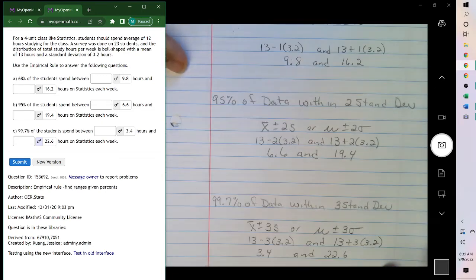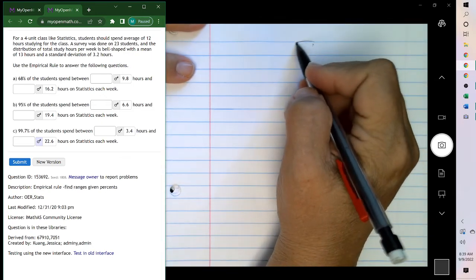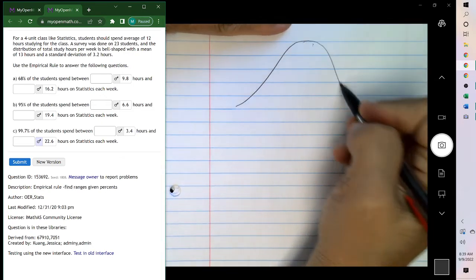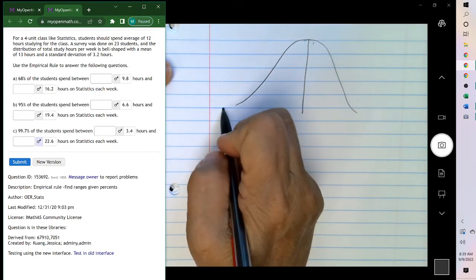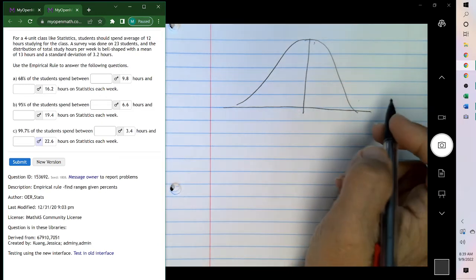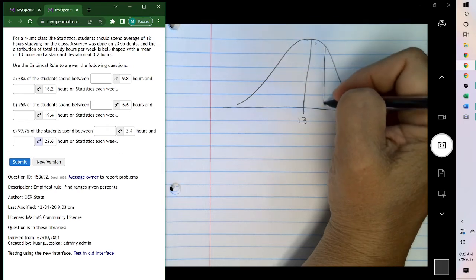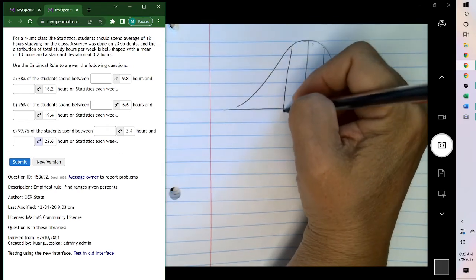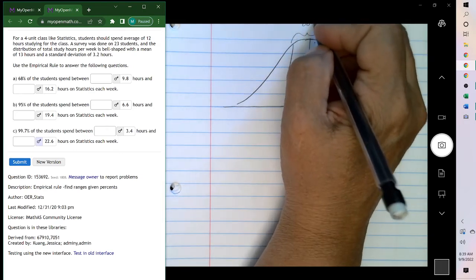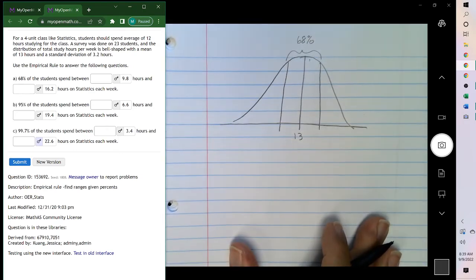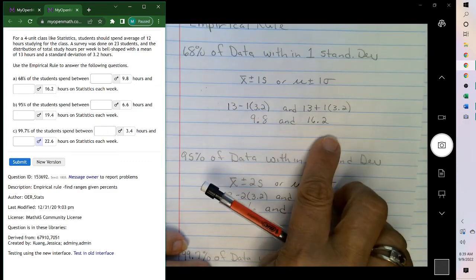If you wanted to look at the bell-shaped curve, because it says it's a bell-shaped curve, the mean goes in the middle, which was 13. Now this first standard deviation is 68% of your data. 68% of our data was between 9.8 and 16.2.